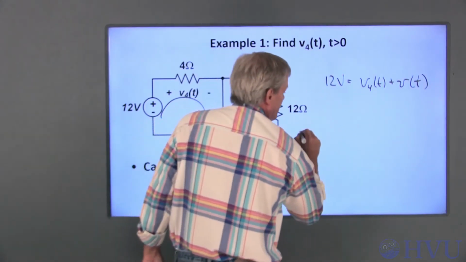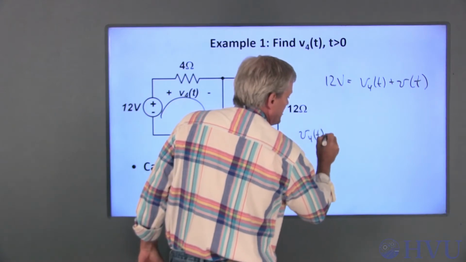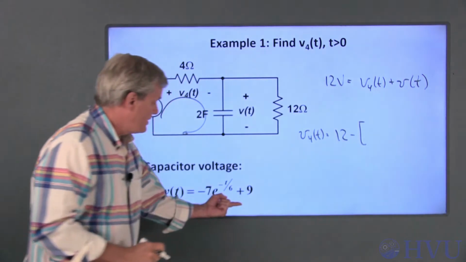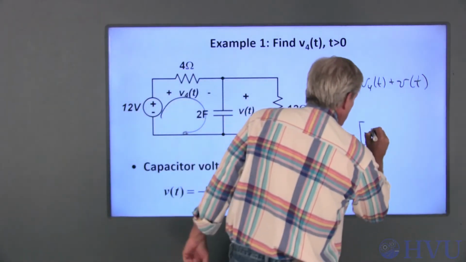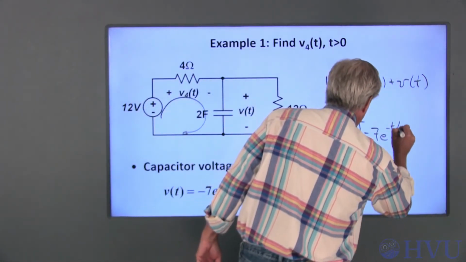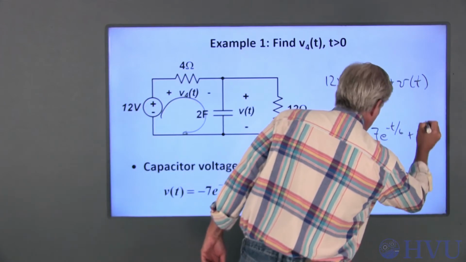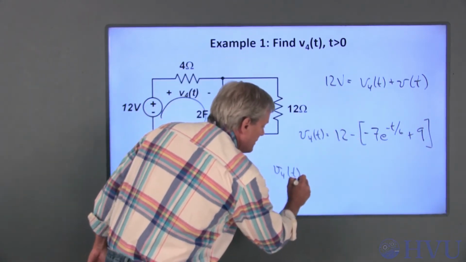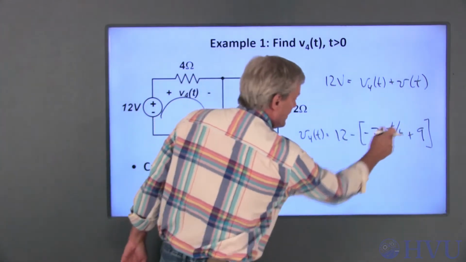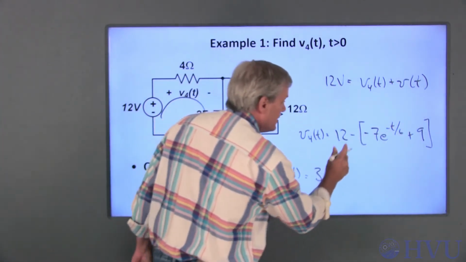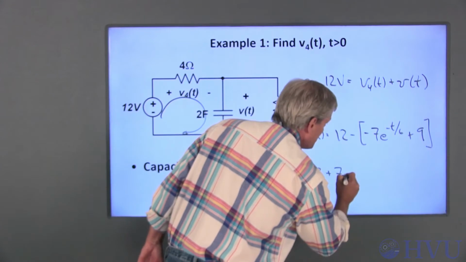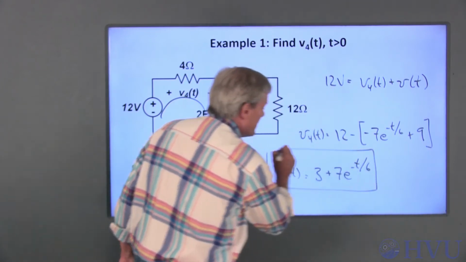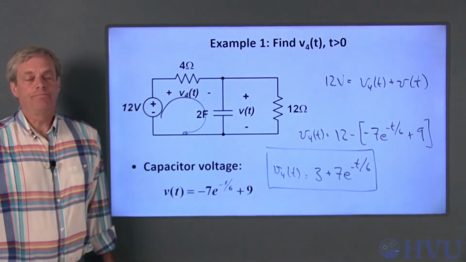So solving for V4, V4(t) is equal to 12 volts minus this expression v(t), which is negative 7 e to the minus t over 6 plus 9. Solving for this, V4(t) is equal to 12 minus 9, which is 3 volts, minus a minus 7, which is plus 7 e to the minus t over 6. And there's my 4 ohm resistor voltage.